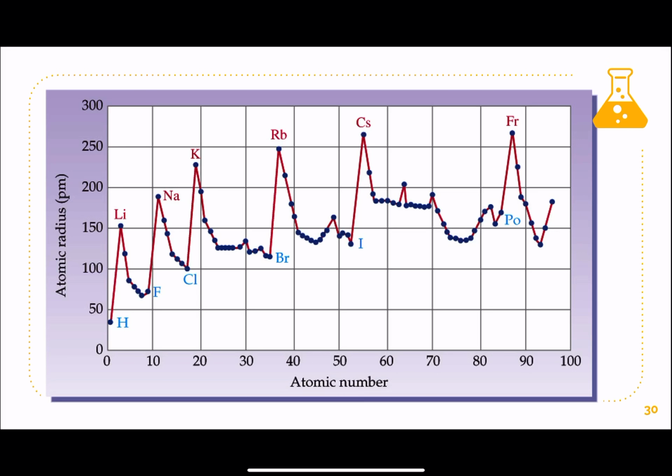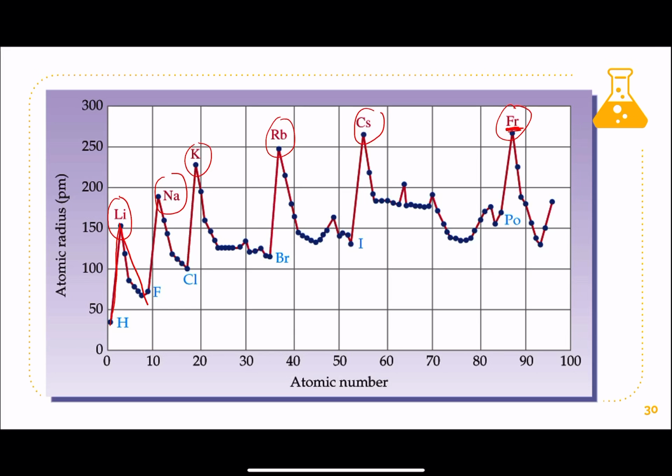This is a graph of the atomic radius, and you see those that are the biggest are lithium, sodium, potassium, all of those alkali metals. And there's francium, which I just mentioned is the biggest. Then it works its way up and drops back down.